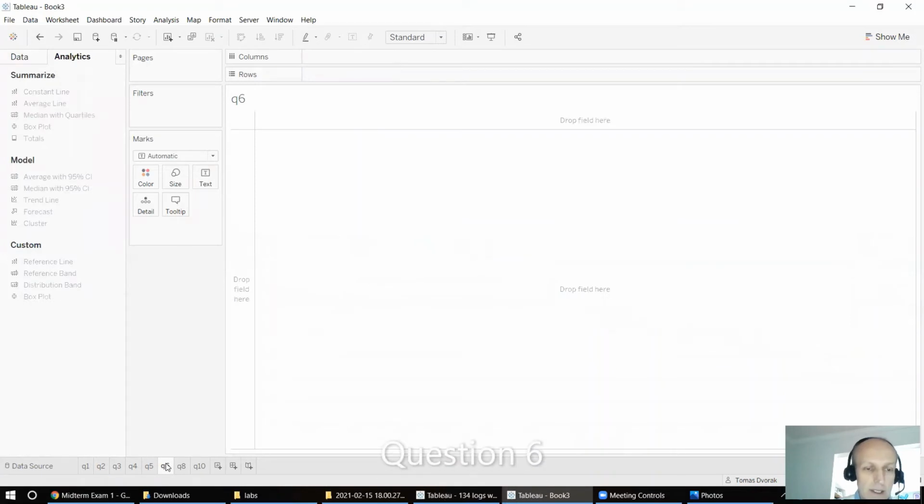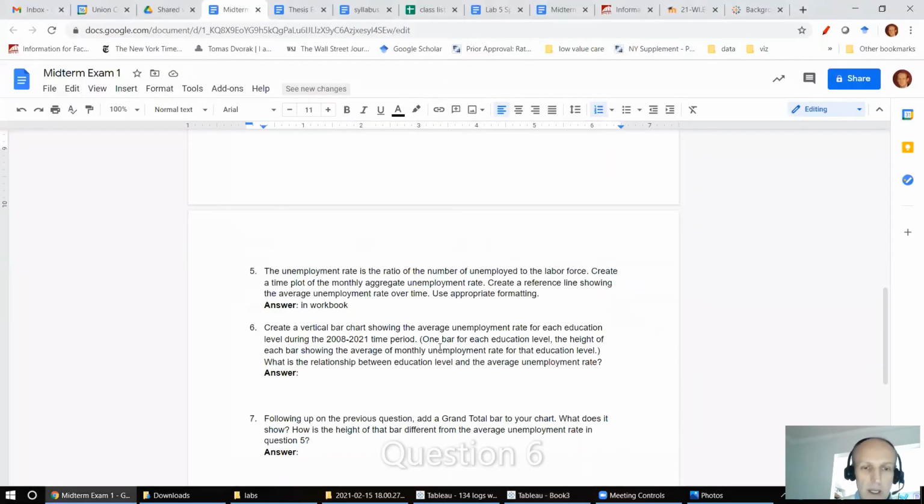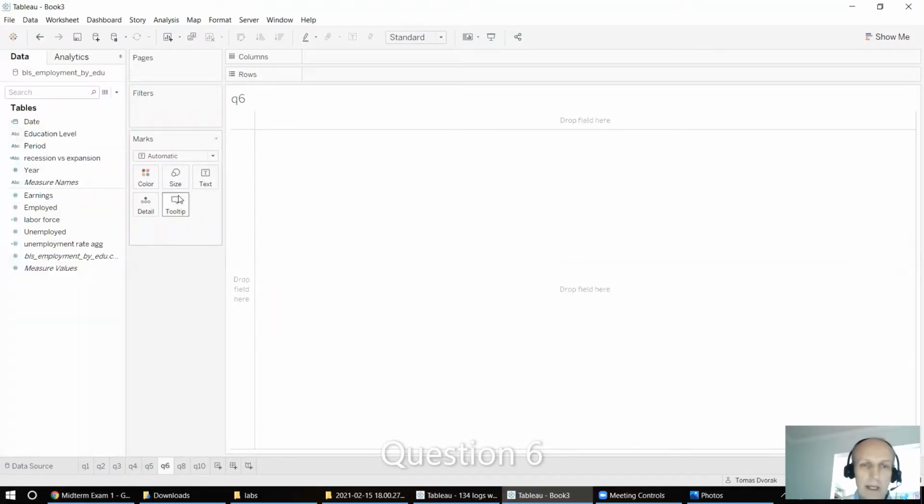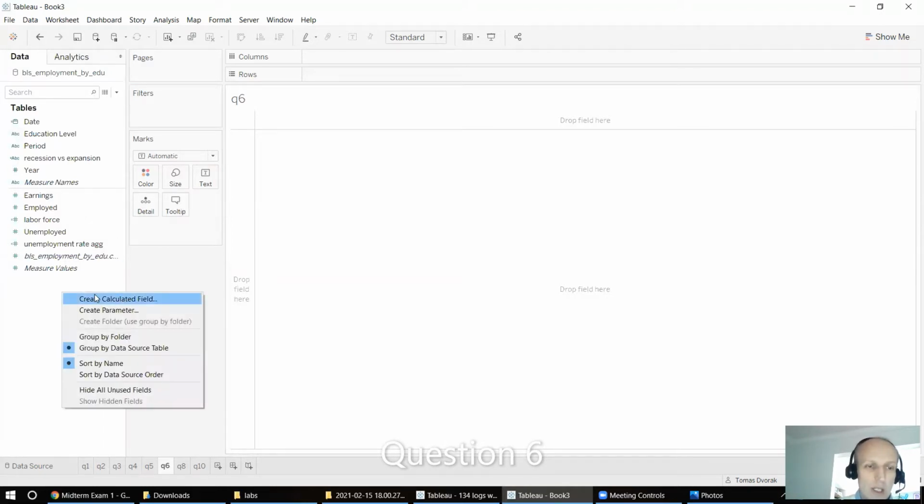Taking question 6, we're supposed to create a vertical bar chart where we have an average unemployment rate for each education level over the time period, 1 bar for each education level. So this doesn't call for an aggregate unemployment rate. Here we want the unemployment rate by each education level.